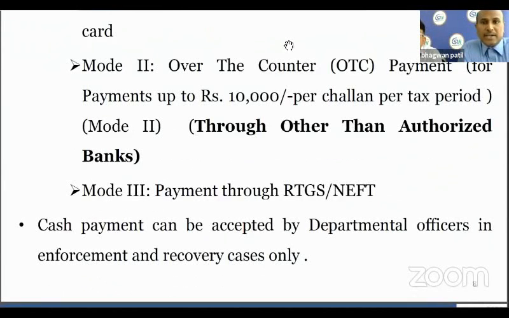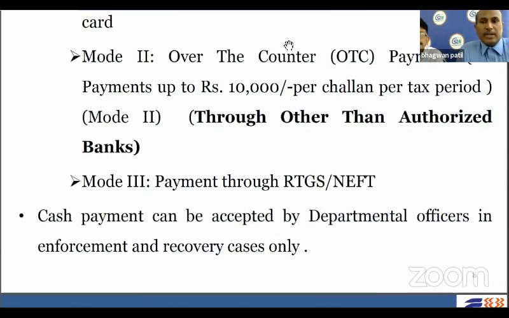Once you create the challan, as you've seen, you have to generate the e-challan at the GST portal. Then the taxpayer selects e-payment mode for net banking or credit card, debit card of any bank, and chooses the authorized bank in case of net banking, and the payment gateway of the authorized bank or their SPV in case of credit card or debit card.